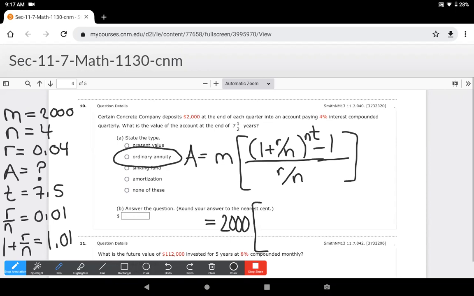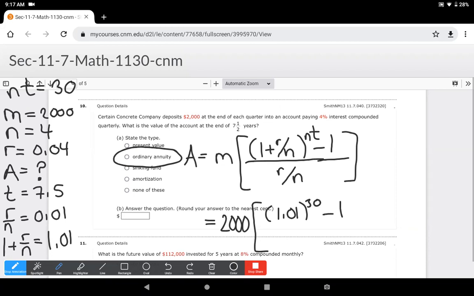And then in the numerator, we have 1.01 raised to the NT, 4 times 7.5. 4 times 7.5 is 30. And so we have an exponent of 30.